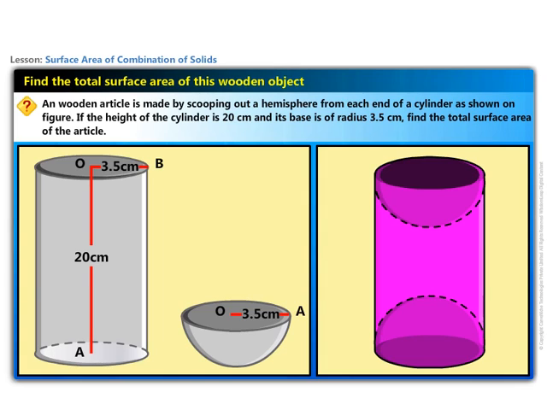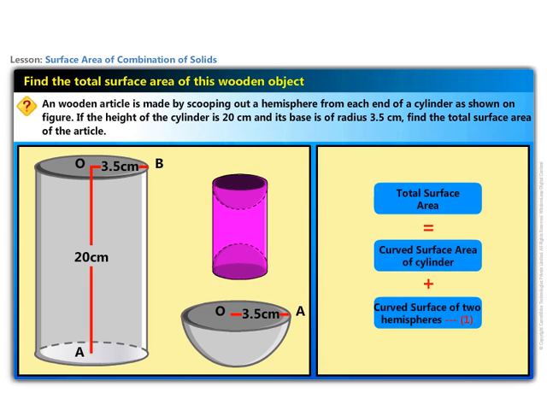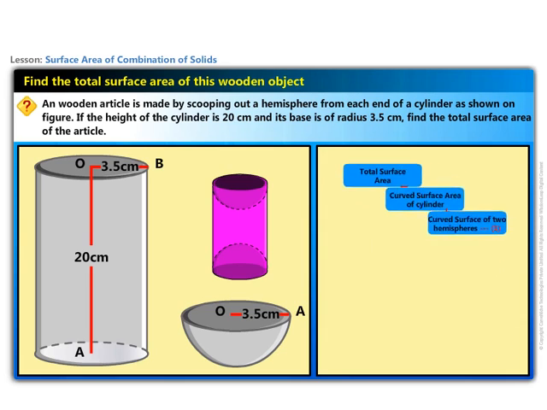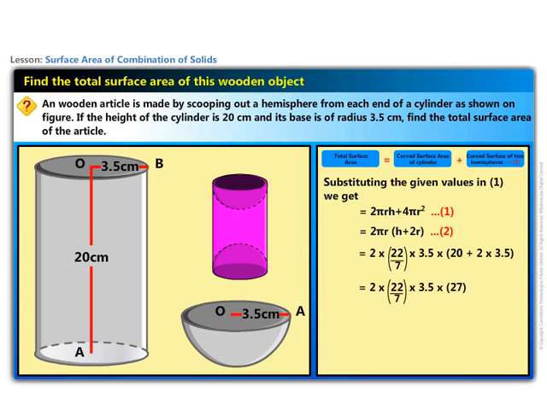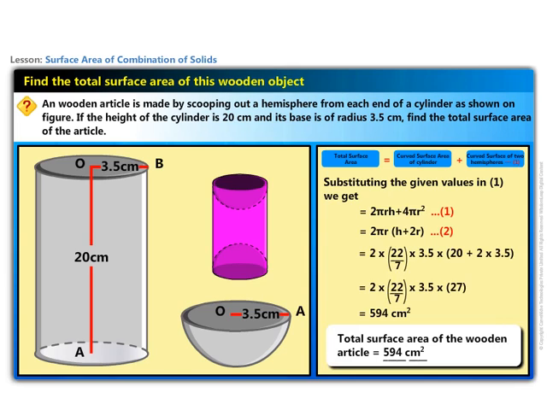Substituting these values of areas and simplifying, we get the total surface area of the wooden object as equal to 2πr(h + 2r). Let us consider this as equation 1. Substituting the given values of r and h in equation 1, and on simplification, we get the total surface area of the wooden article equal to 594 centimeters square.